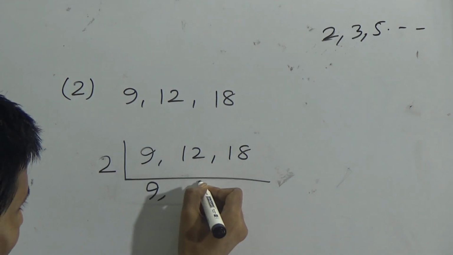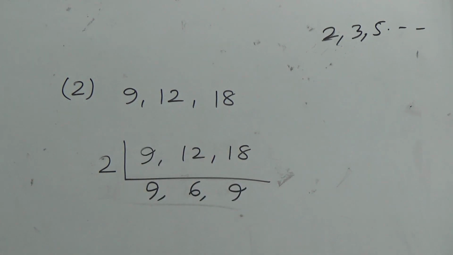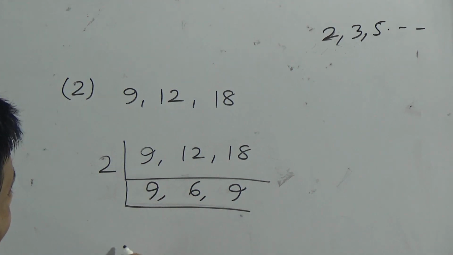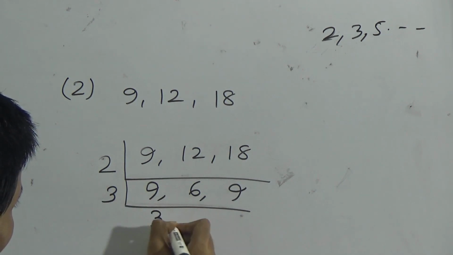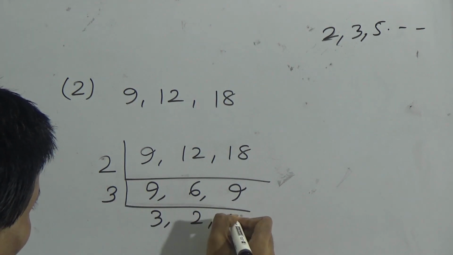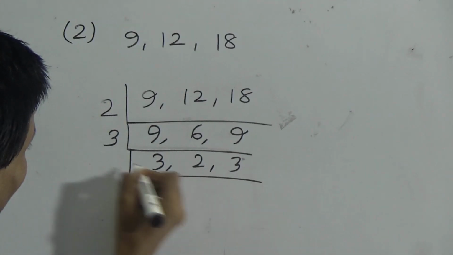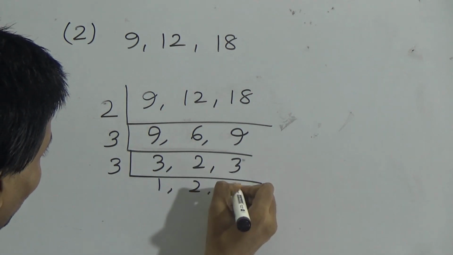Then 6, then 9. Now you select 3. You divide 9 by 3 and get 3, then 2, 3.